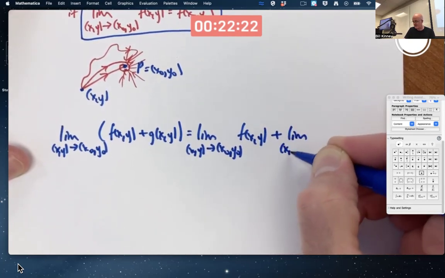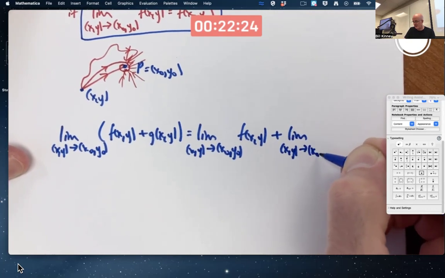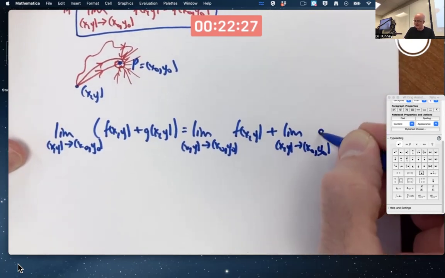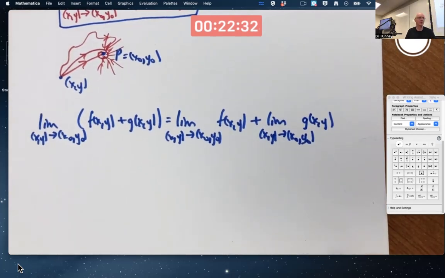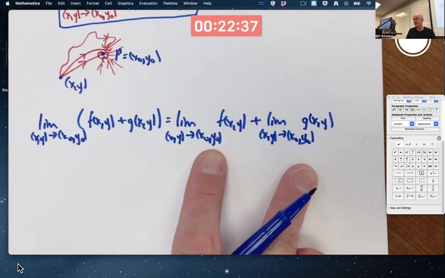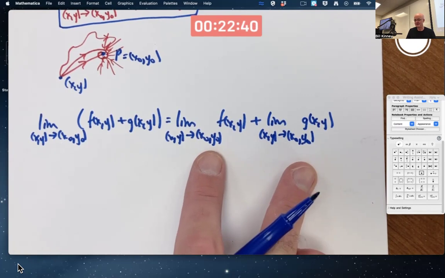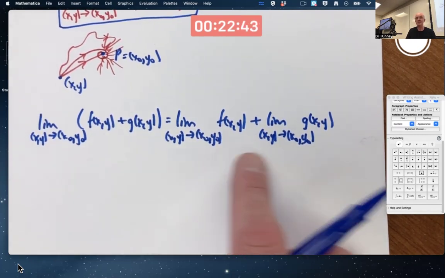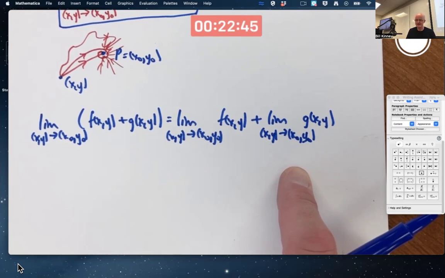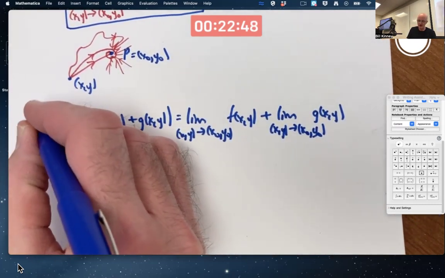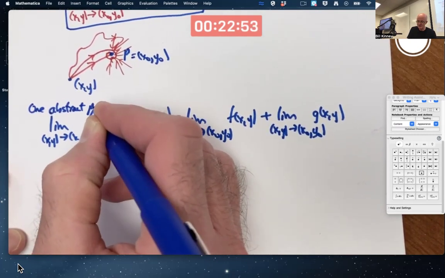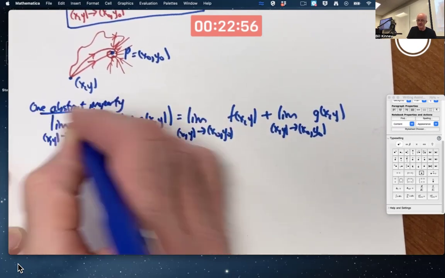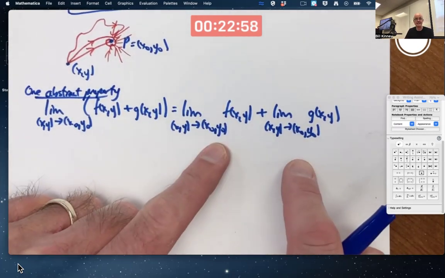However, in writing this equation, I'm really making an assumption to say this equation is true. I'm assuming these individual limits on the right exist in the first place, right? If I'm going to say the limit of the sum is the sum of the individual limits, as an example of one abstract property, I better know that these individual limits over here exist.